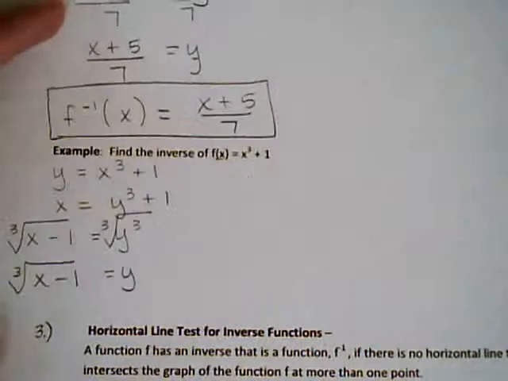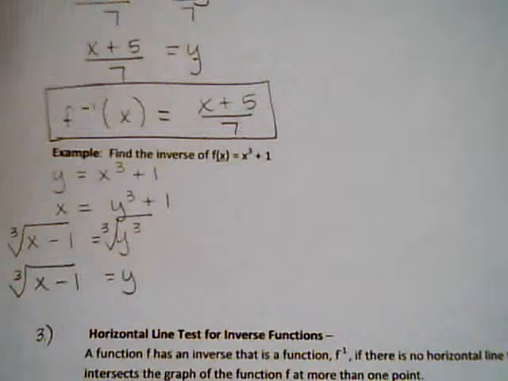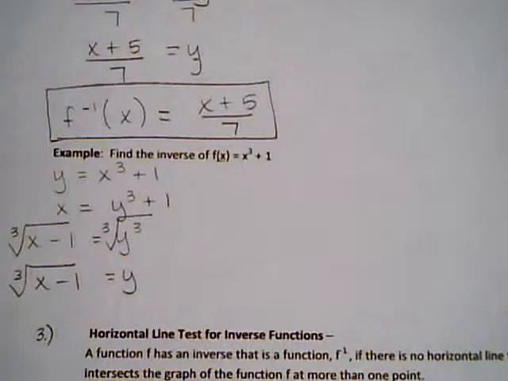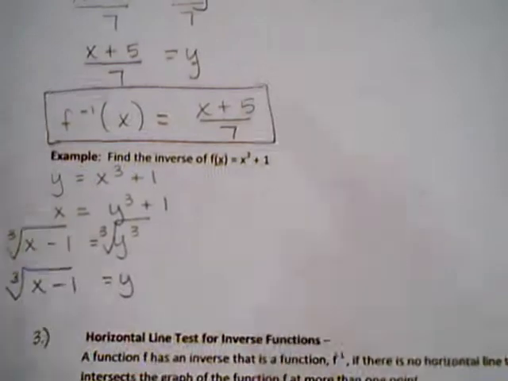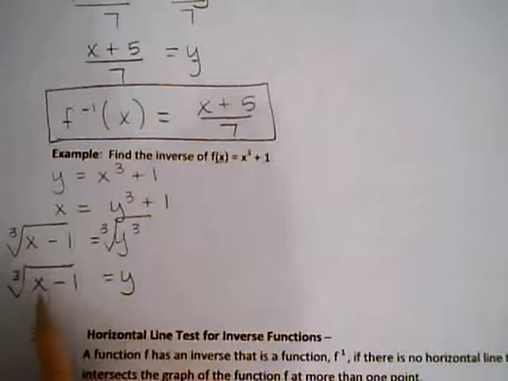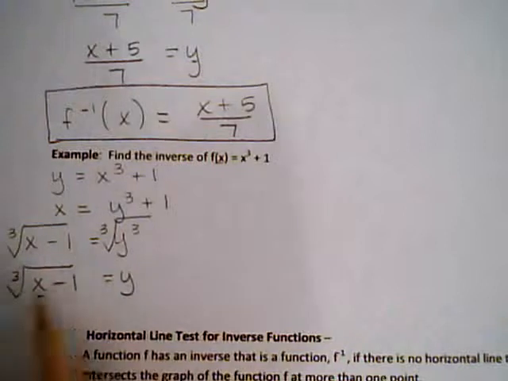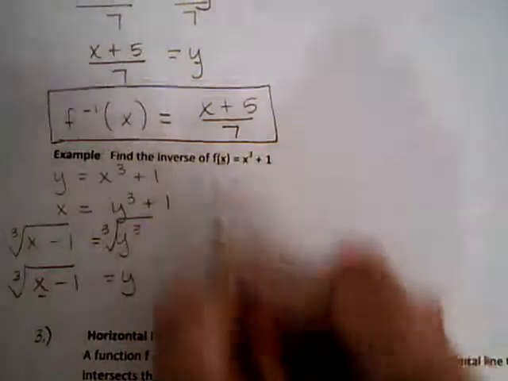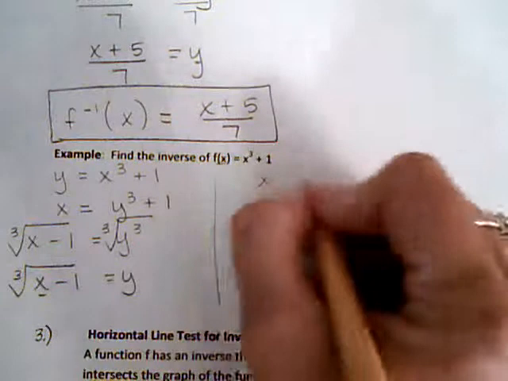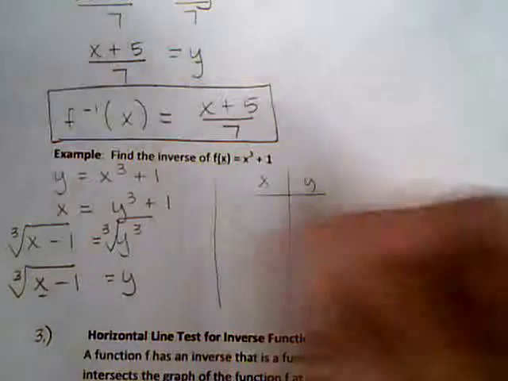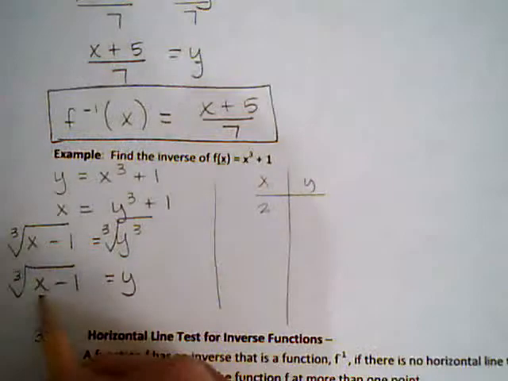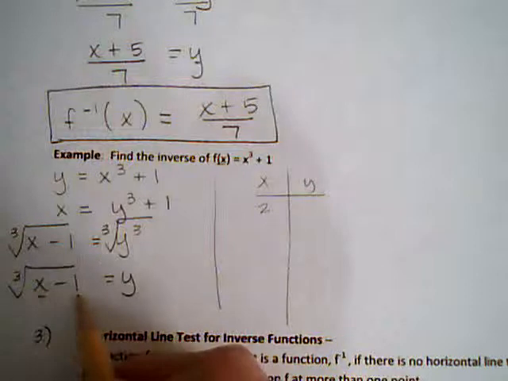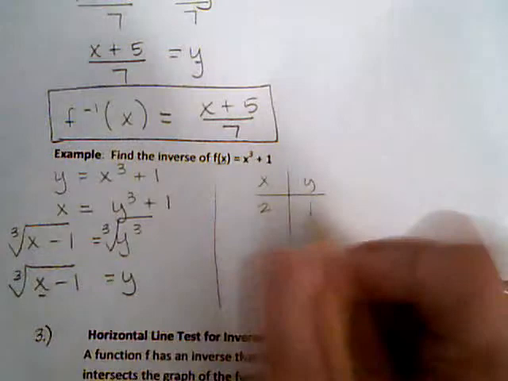Okay, so here I have to figure out, is this a function or not? If it's the cube root of x minus 1, we would have a unique value of y for each x. Let's plug in a couple of values here. If I plug in a 2 for x, 2 minus 1 would be 1, the cube root of 1 is 1.